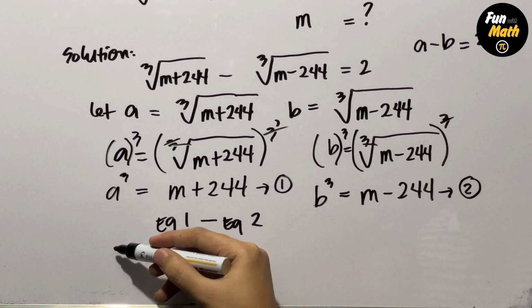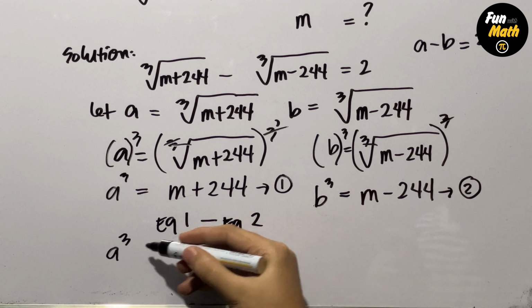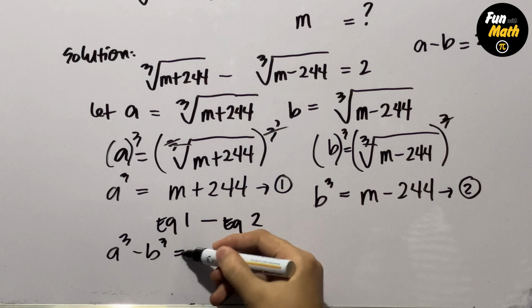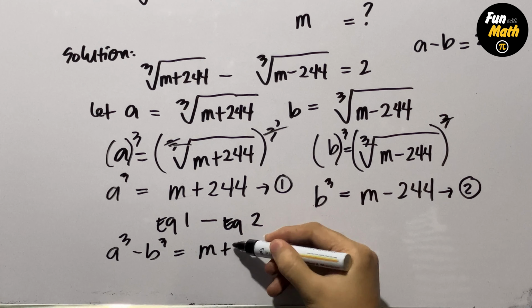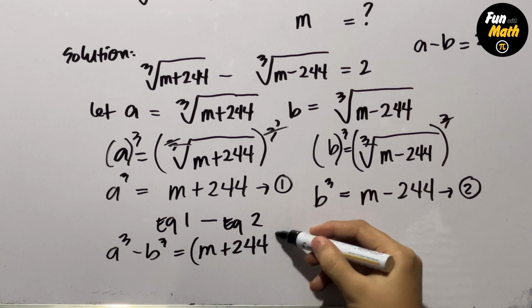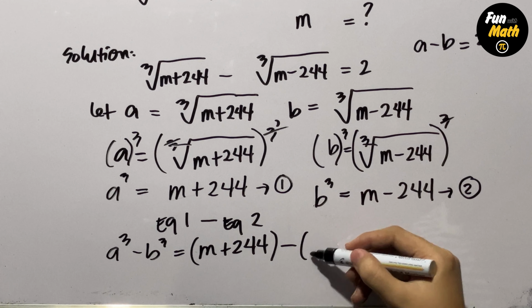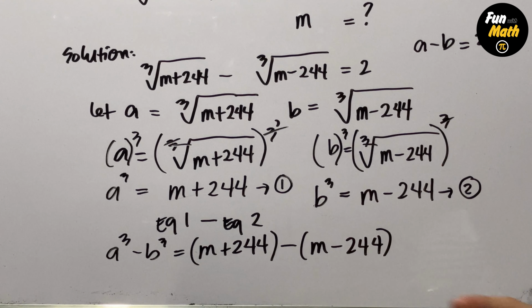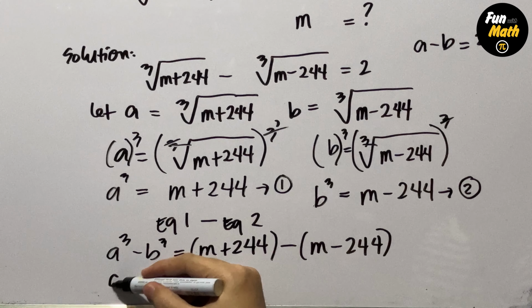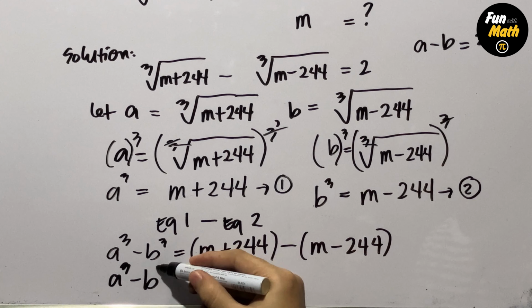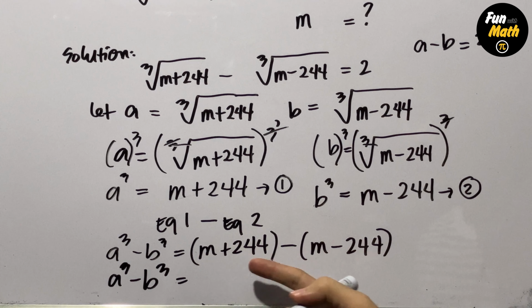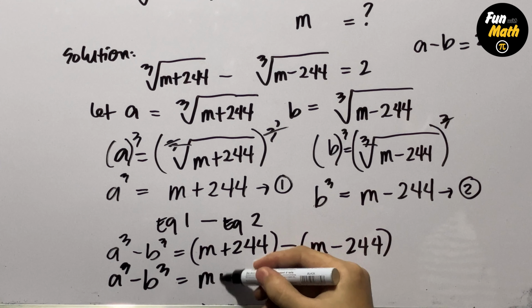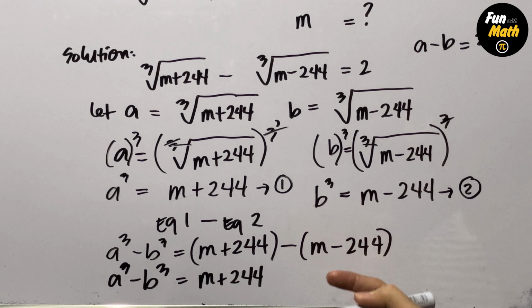So this is now a cubed minus b cubed is equal to m plus 244 minus m minus 244. Now multiply negative inside. So this is now a cubed minus b cubed is equal to, let's remove the parentheses, m plus 244.